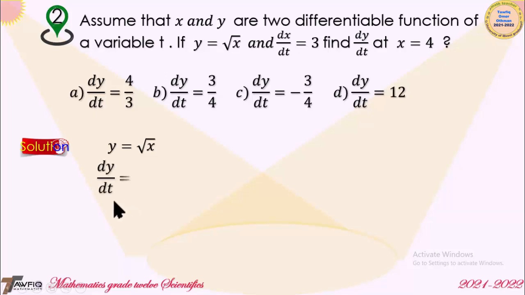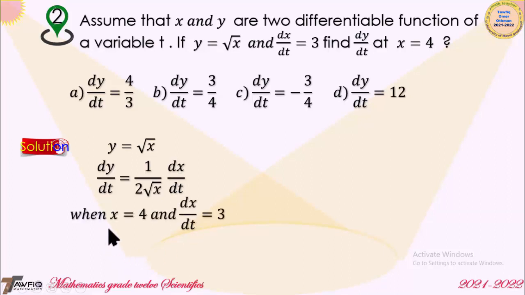Therefore, dy over dt is equal to the derivative of square root of x, which is 1 over 2 square root of x, times dx over dt. Every time you take the derivative of y with respect to t, you get dy over dt. And when we take the derivative of x with respect to t, we multiply by dx over dt.